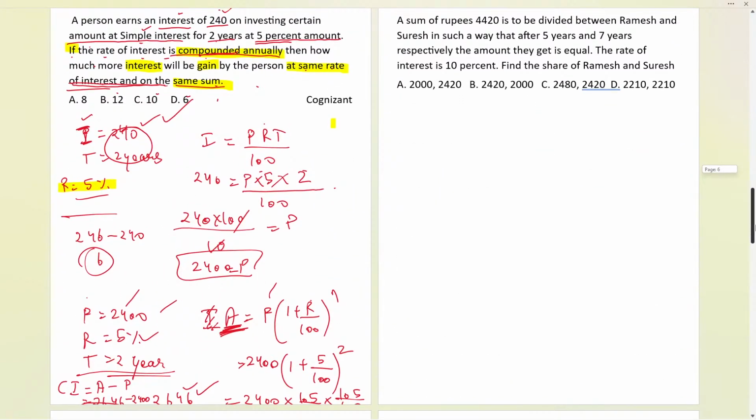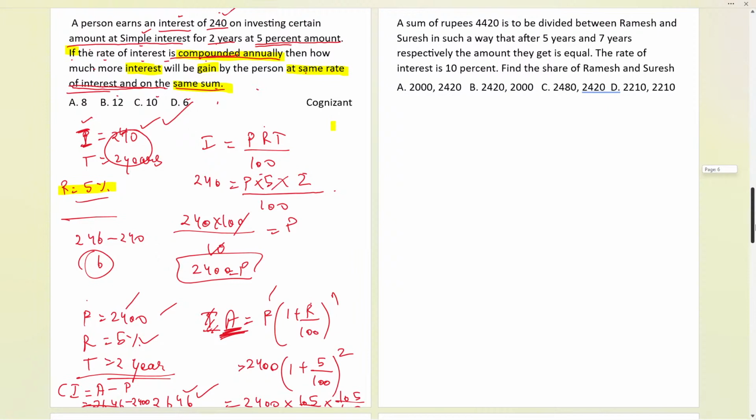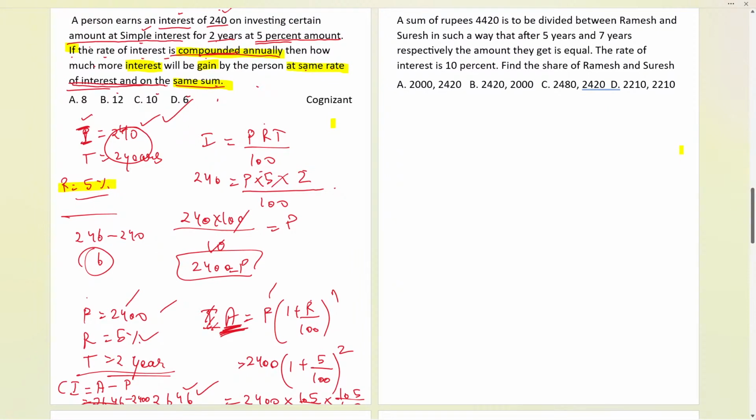That was the part over here. Now try this question over here, everybody. Second question, and you have 1 minute. Your time starts now.